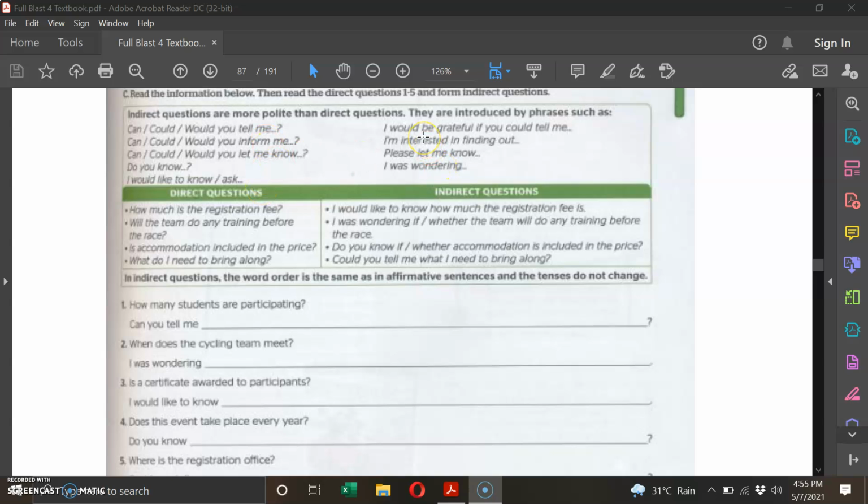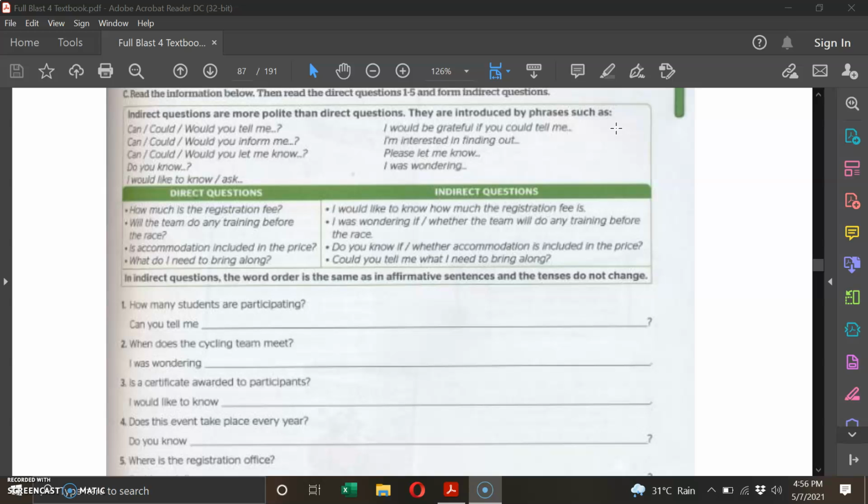Other examples: I would be grateful if you could tell me so and so. I'm interested in finding out. Please let me know, and I was wondering. Please take some time to underline these sample indirect questions in the sample letter that was written by Aiman Megat on page 86.